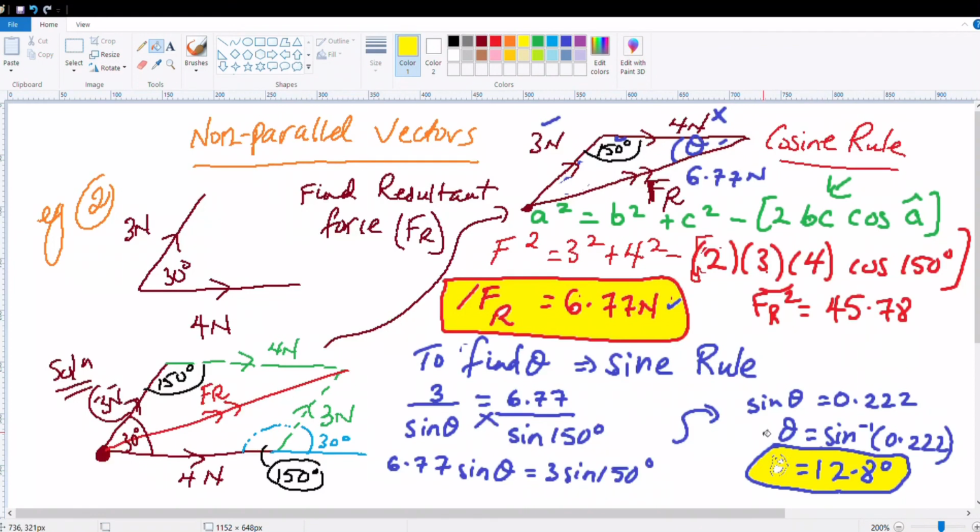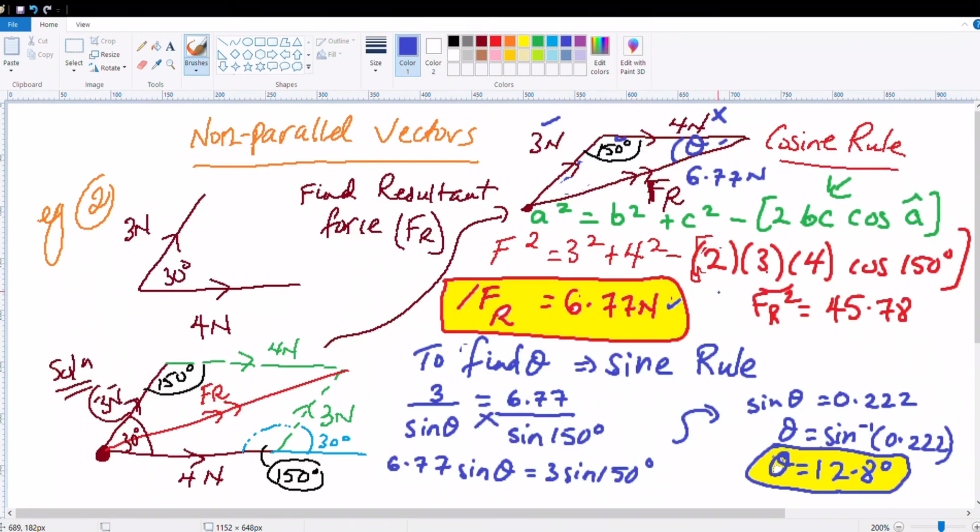So it's 12.8. That is our theta value. Noting that 12.8 is going to be the angle between our 4 newton force and our resultant. So this is how we relate our question.